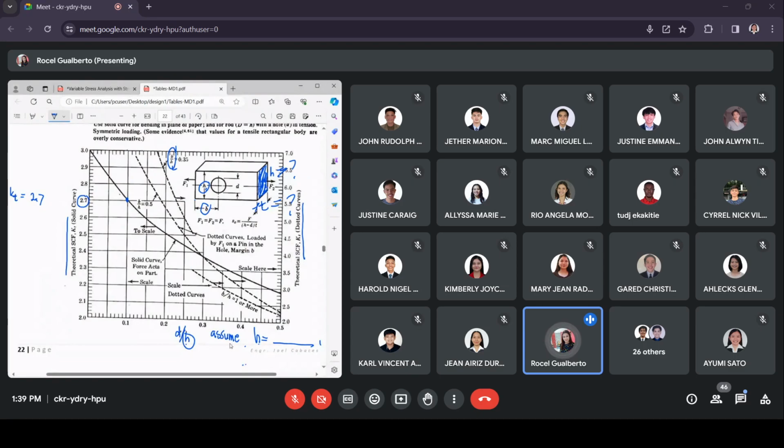So para po maging malapit yung answer po natin, ang gawin nyo po for your next assumption, yung naging answer mo po would be your next assumption. Again, we will be accepting only the value when the commercially available size for both the assumption and the computed value are the same.